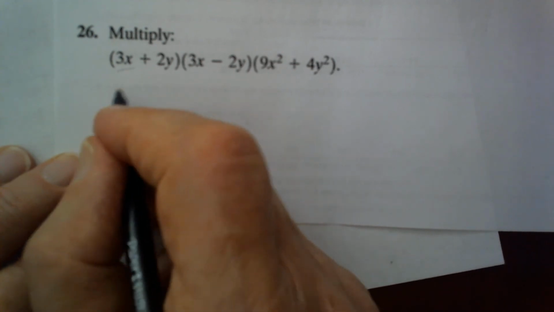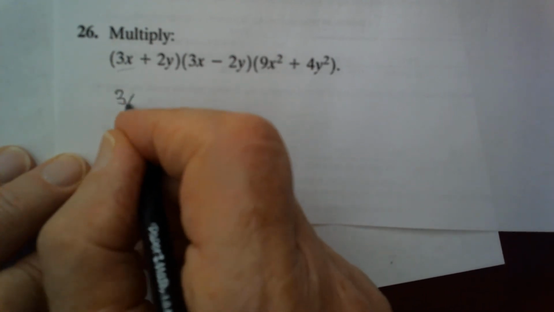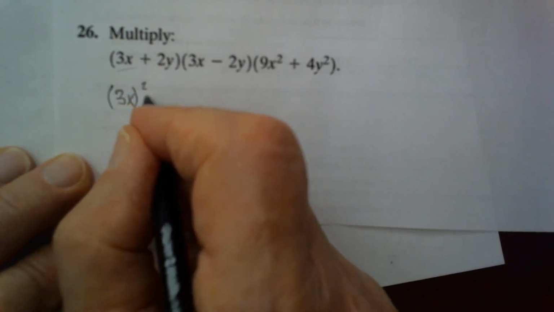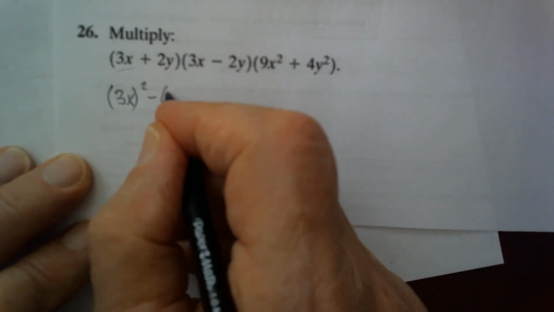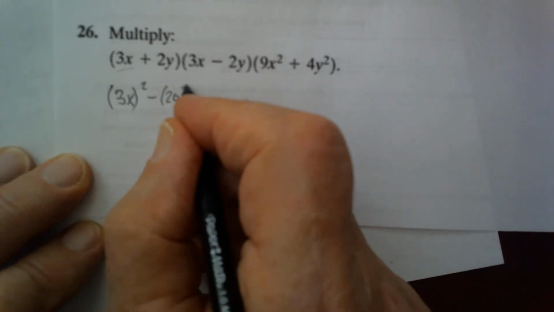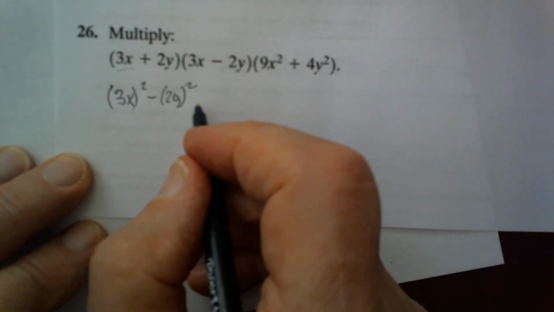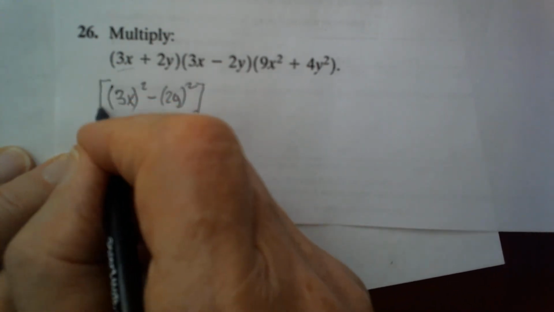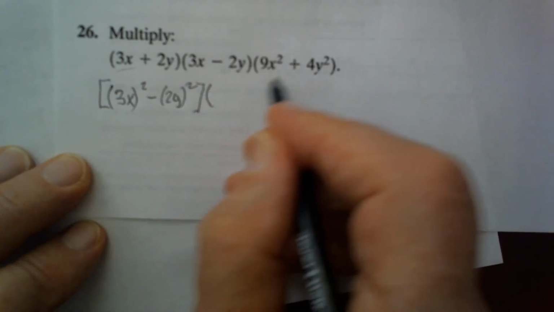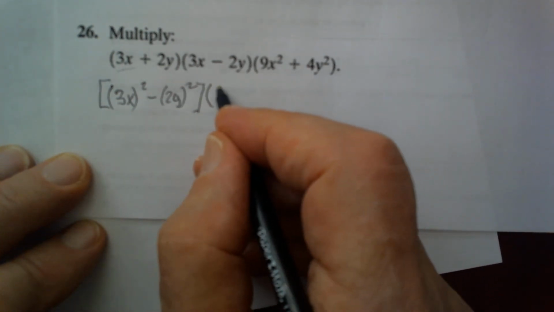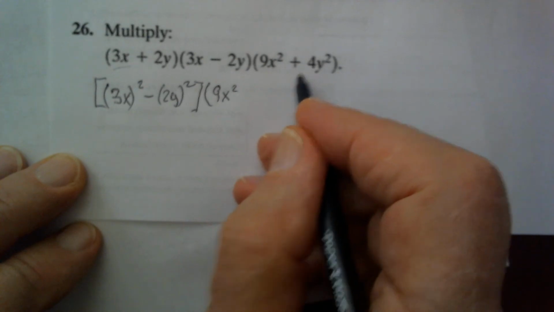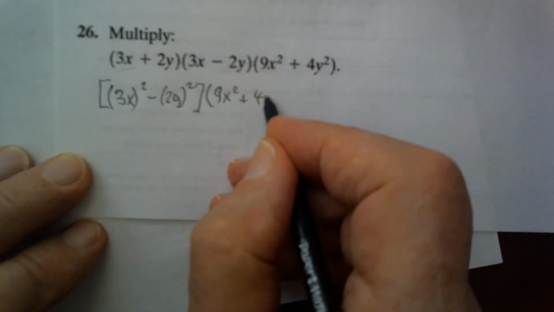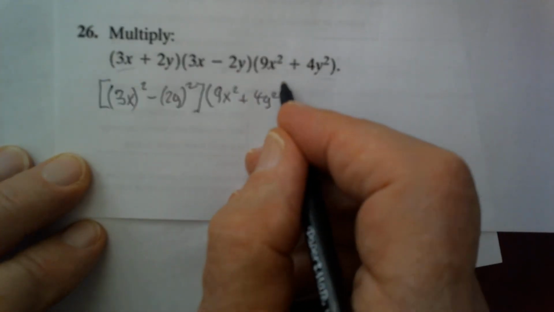So in other words, a squared minus b squared becomes 3x squared minus 2y squared, times 9x squared plus 4y squared. That's this part here.